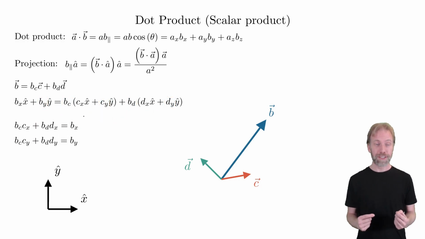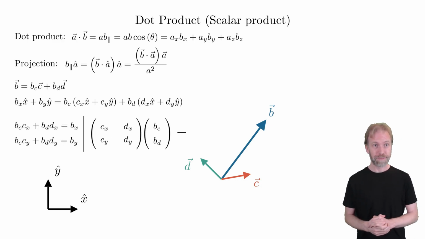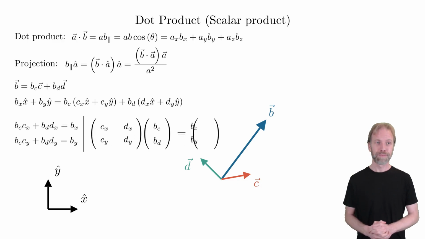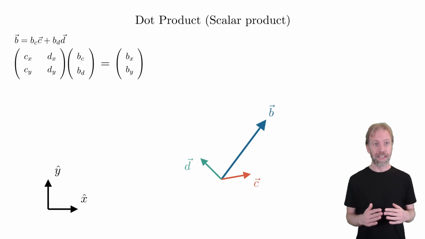We now have a system of linear equations, which we can write on matrix form if we prefer that notation. Hence, we see that we have to solve a system of equations to calculate the coefficients in the non-orthogonal case. This will be more complicated than simple projections, especially when we increase the number of dimensions.